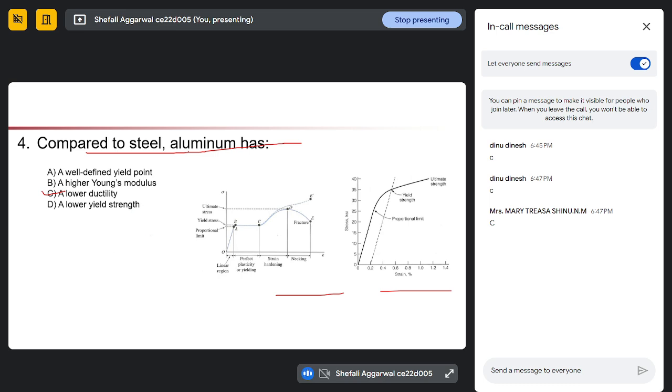Generally in aluminium, we have a higher ductility as compared to steel rebars. So I will just check, I don't think I have it.